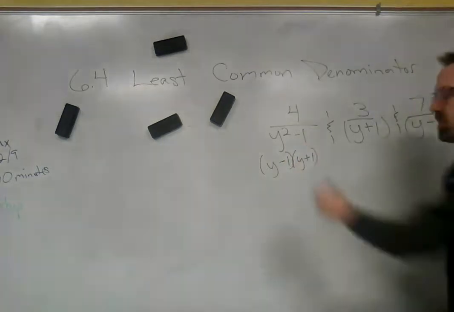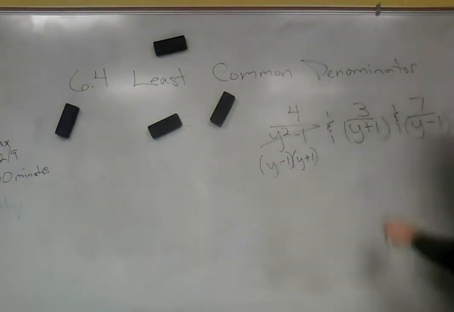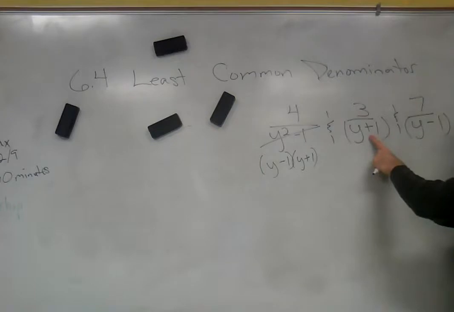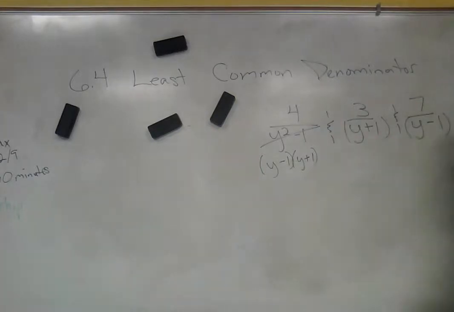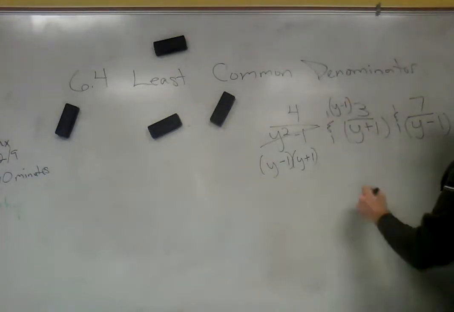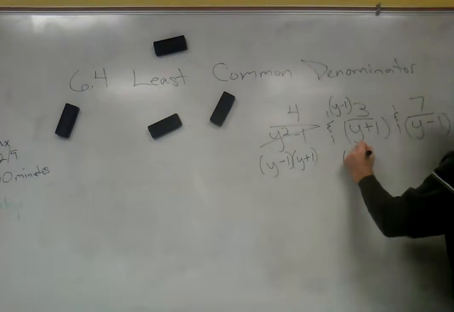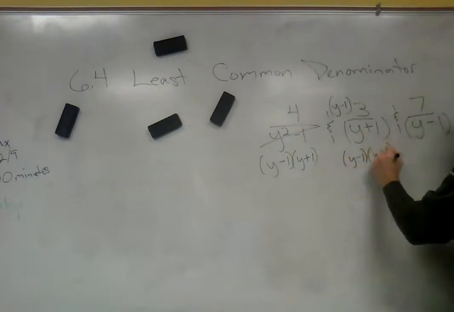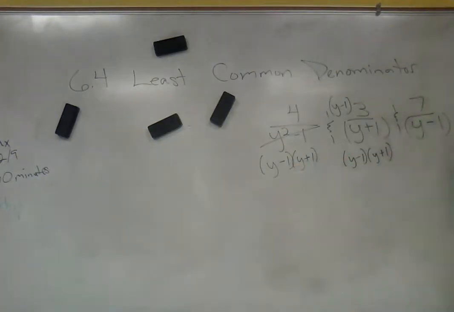All right, so this is basically now. What does this need in order to look like this one? So this one needs y minus 1. And then we get, okay, what does this one need in order to look like this? Y plus 1.